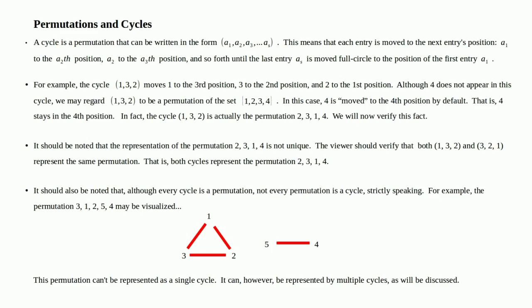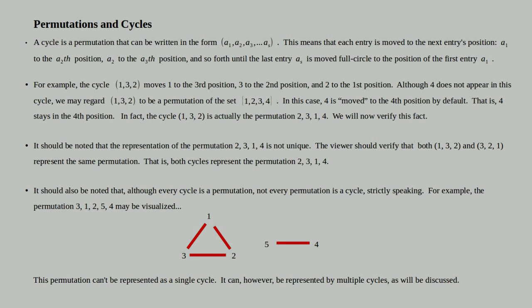In fact, the diagram that I've made here, these two figures represent 2 cycles, both of which actually make up the permutation 3, 1, 2, 5, 4. But it's not a single cycle. So that's why I say that a cycle is a permutation, but not strictly speaking the other way around. But we'll have more on that in a later episode.